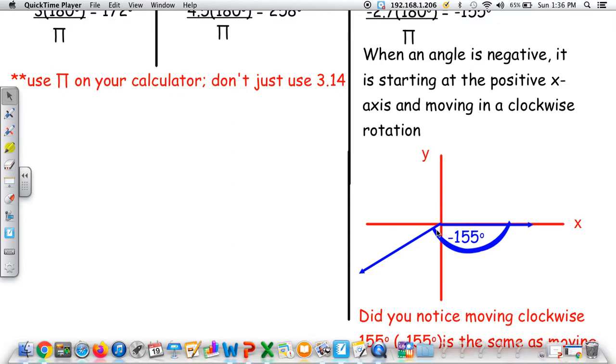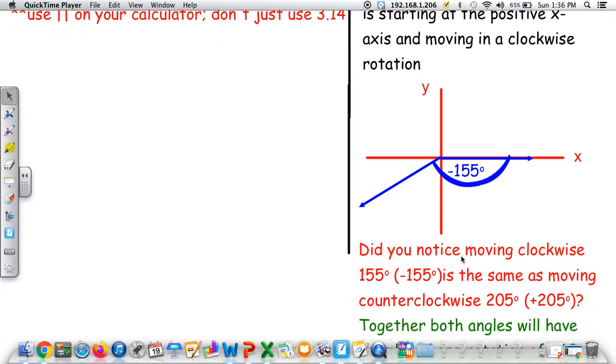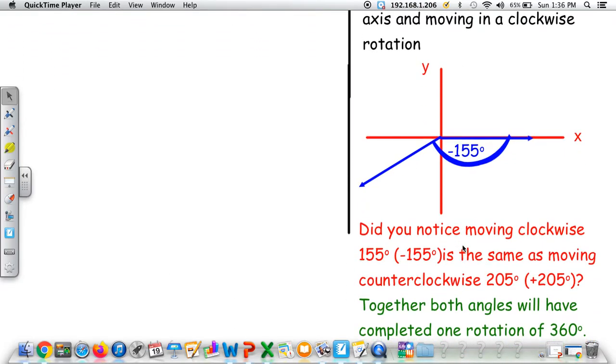So negative 155 degrees. And by the way, did you notice that moving 155 degrees clockwise would be the same as if I were to move counterclockwise 205 degrees, right? Here and here.